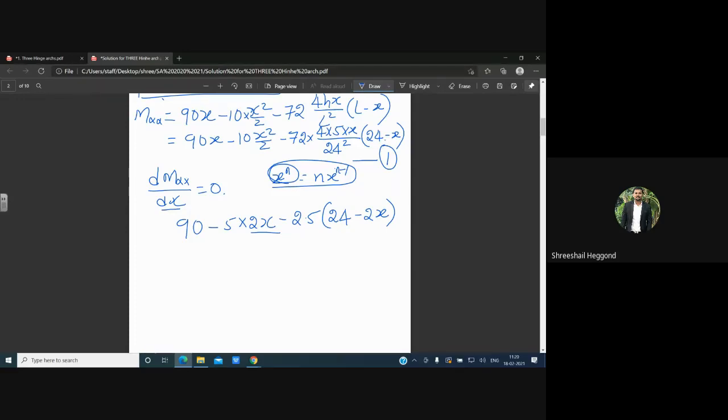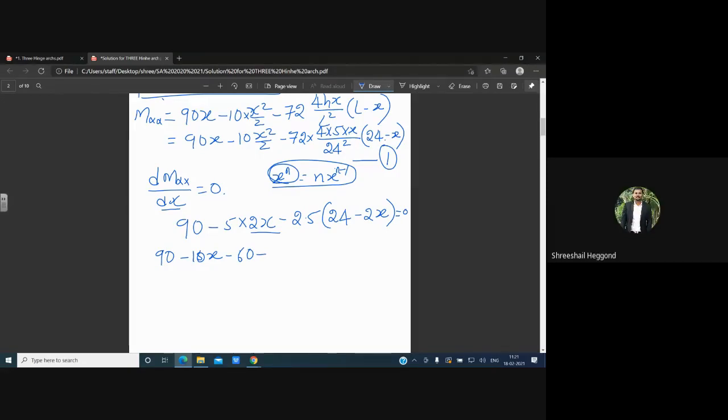The differentiation of this one is equated to 0. Once you simplify this one, find out the x value. The simplification will be 90 minus 10x minus 2.5 into 24, that is 24 into 2.5, 60. Minus of minus will be plus, that is 2.5 into 2 will be 5 into x, equal to 0.